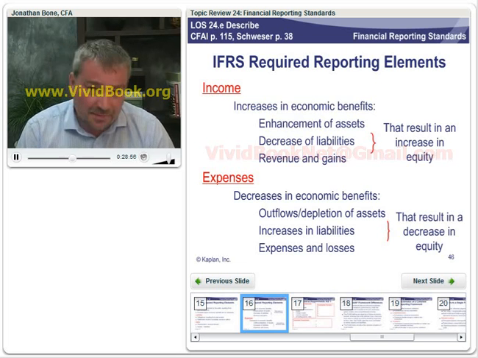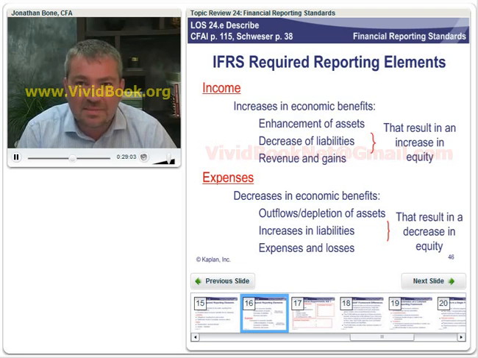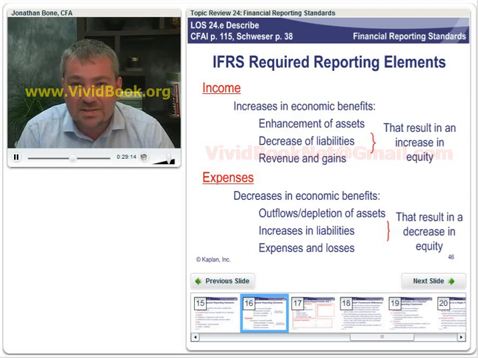Now, of course, when we talk about depletion of assets, the other side of the double entry is either in the income statement or directly in stockholders' equity within comprehensive income. So rather like income, we're actually talking about the expenses that directly go through the income statement, losses on asset disposal, but also changes in comprehensive income items. Now, if you're unaware of comprehensive income, don't worry just at this stage. We're going to cover that in a later reading.